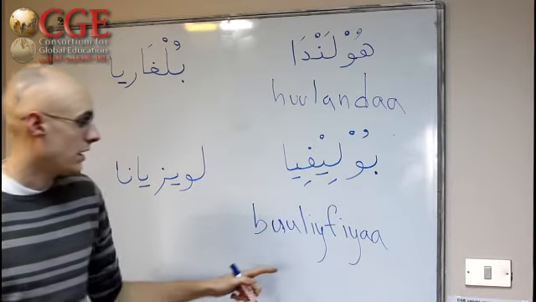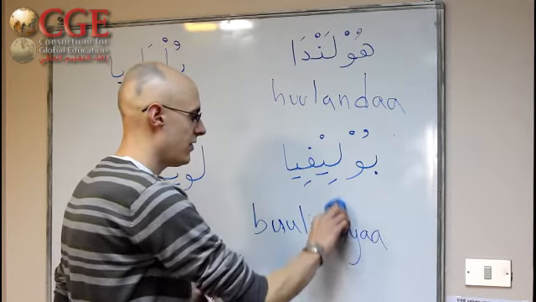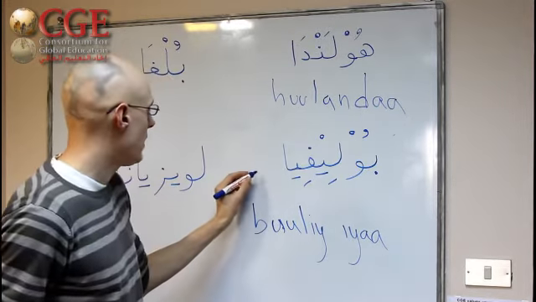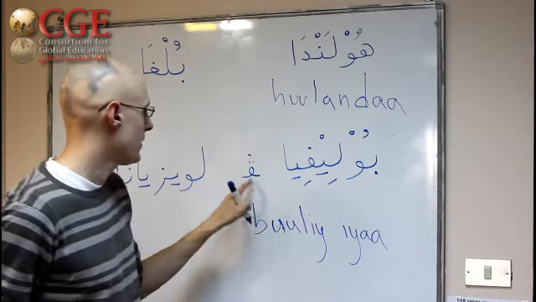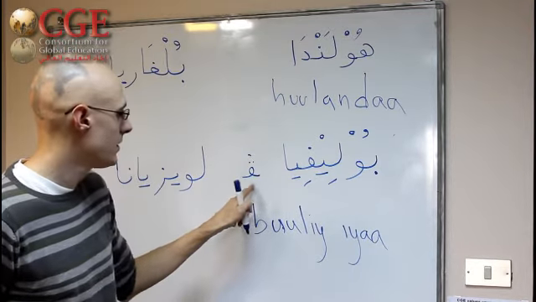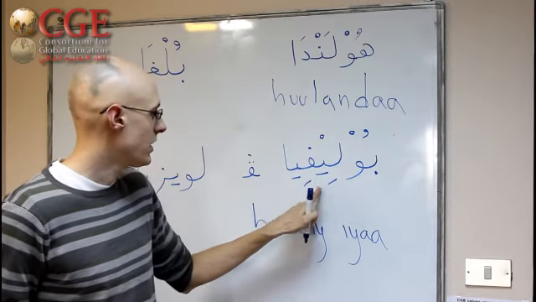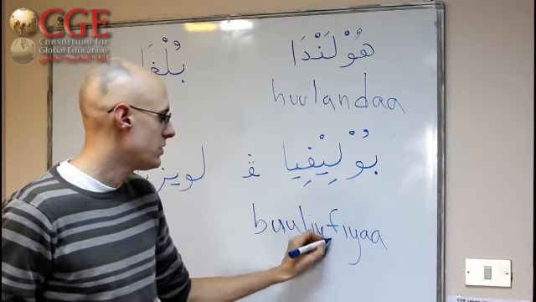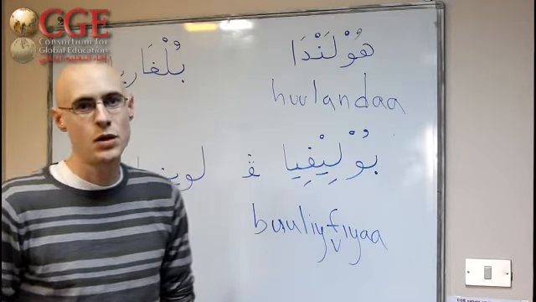Now, Arabic also lacks the ability to write a V. Some people write V like this. This is adopted from the Persian script, but in Fusha, technically it's written with an F. So an F will often substitute a V sound. Bolivia.